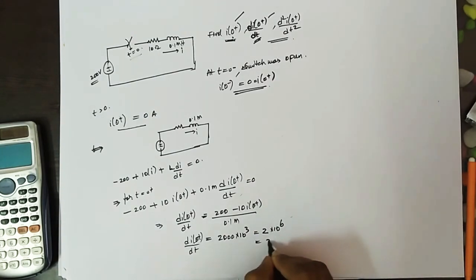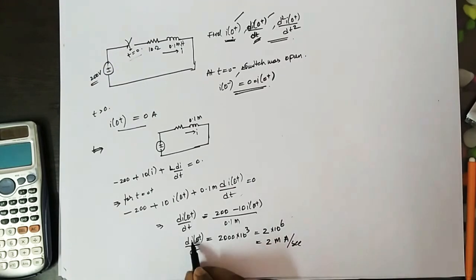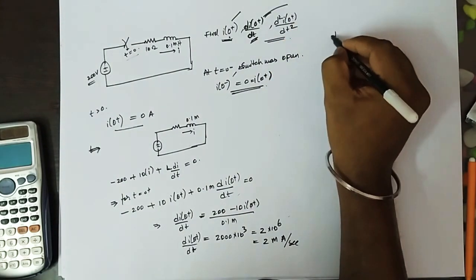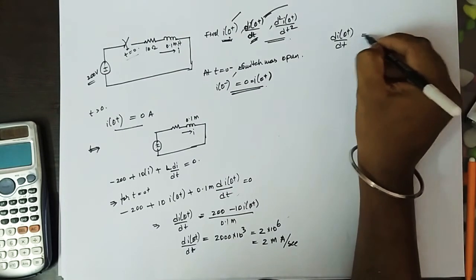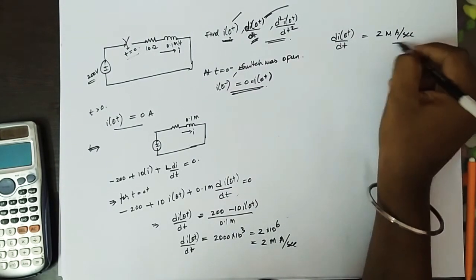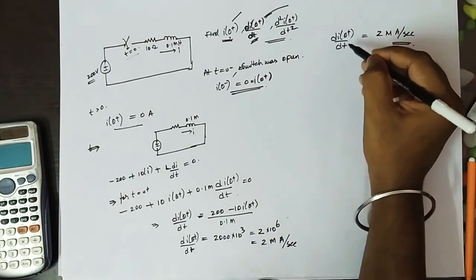That means 2 mega amps per second. The units are very important, amps per second, because it is current by time.